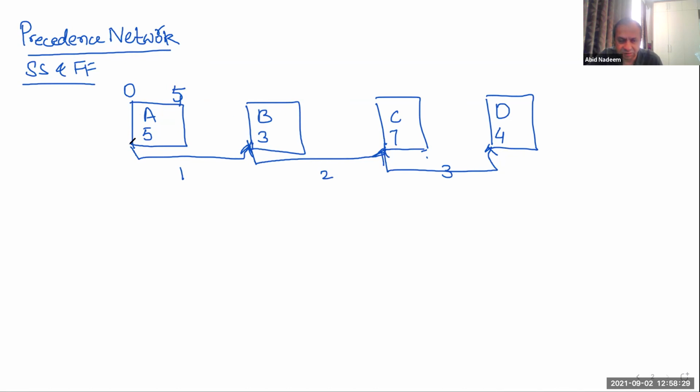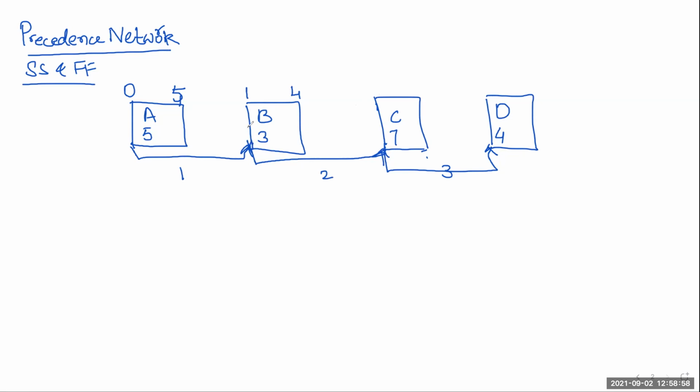So if A starts at 0, then B will start at 1, and it will finish at 4 in this case. What else? For C, what will be the starting point? 3.